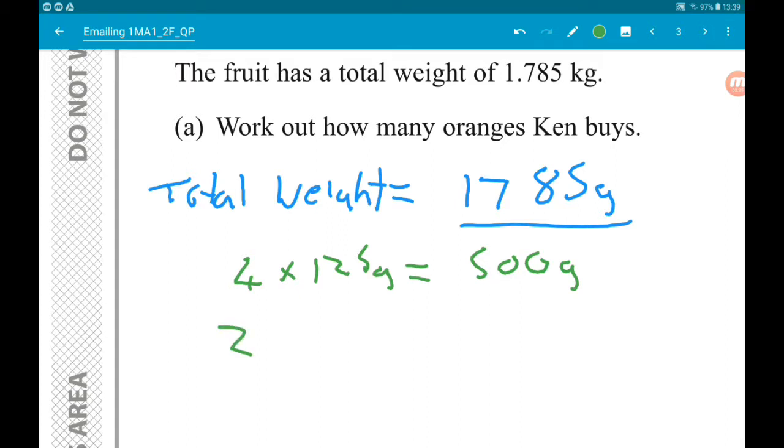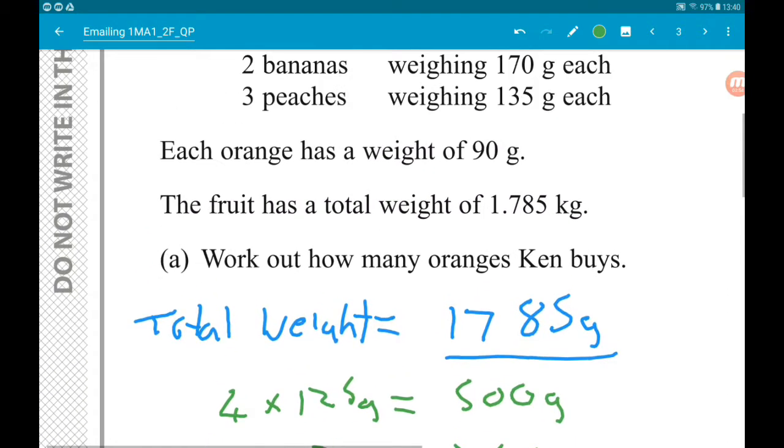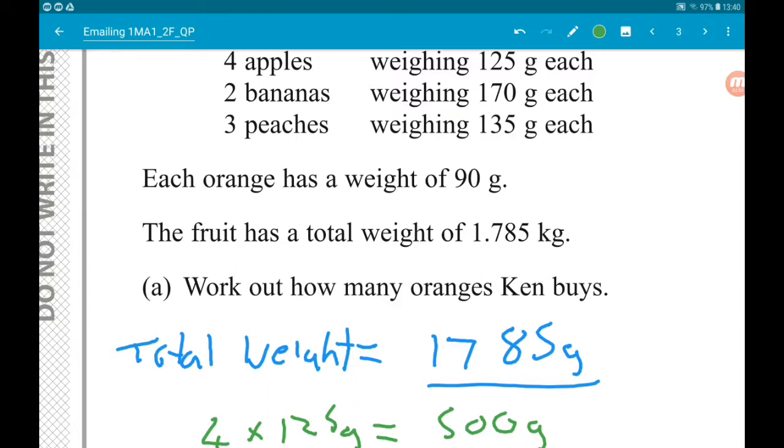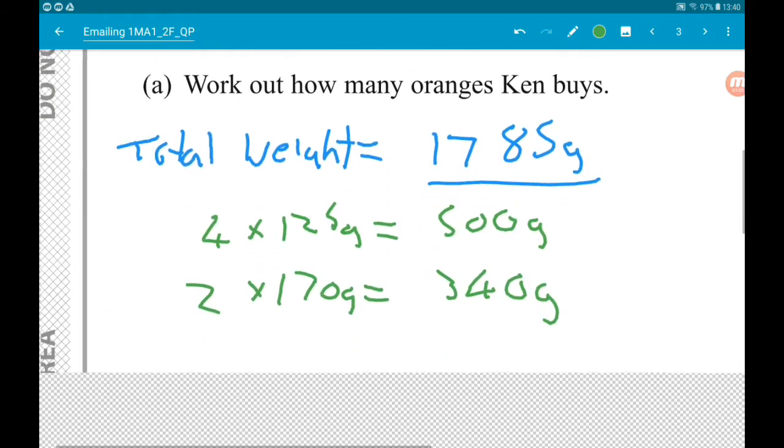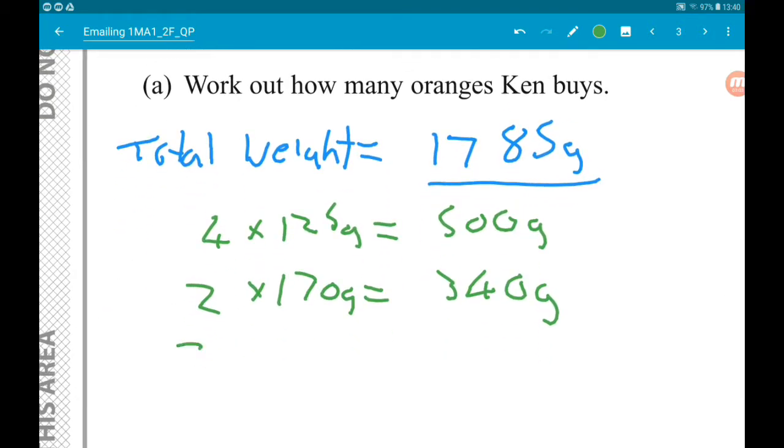So 2 times 170 is 340. And then the peaches are 3 times 135. So that's going to be 300 add 90 add 15, which is 405 grams.